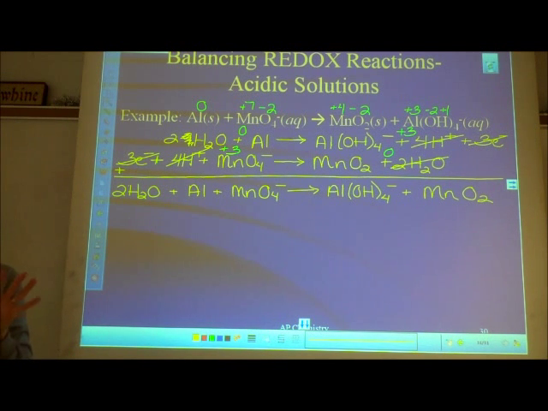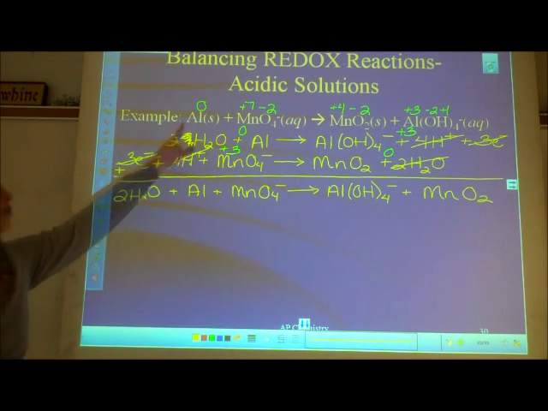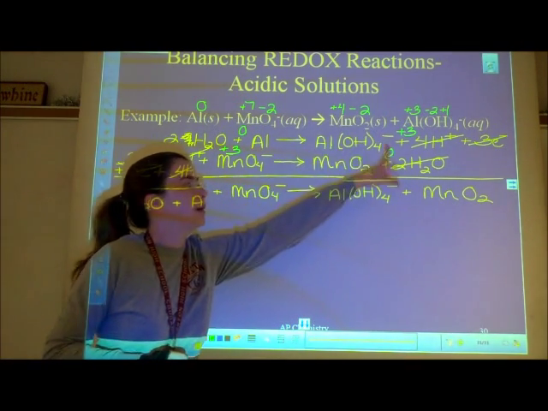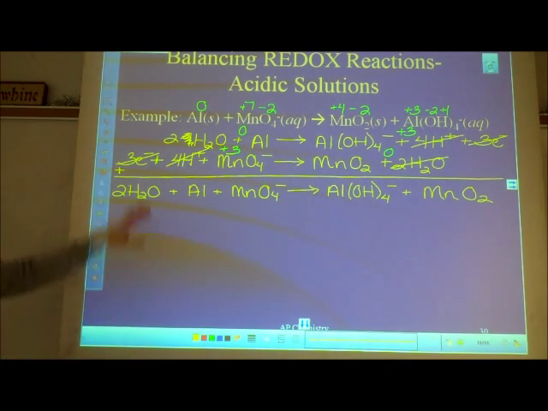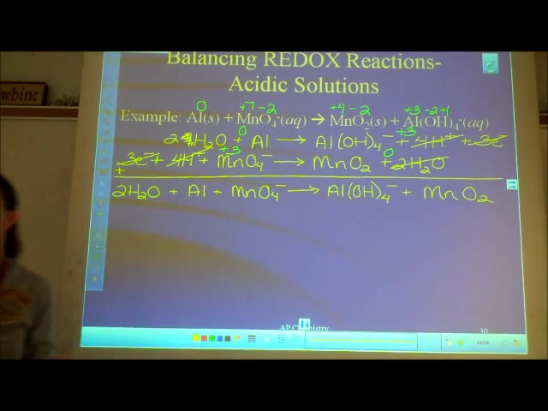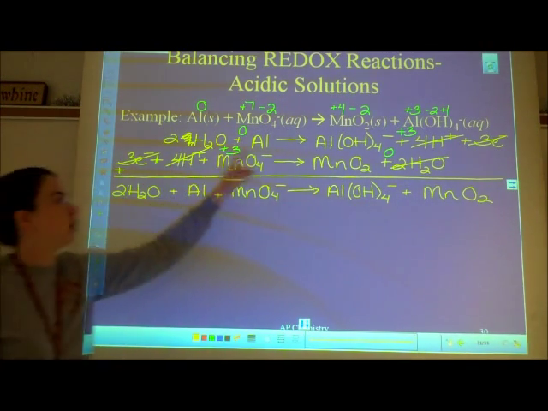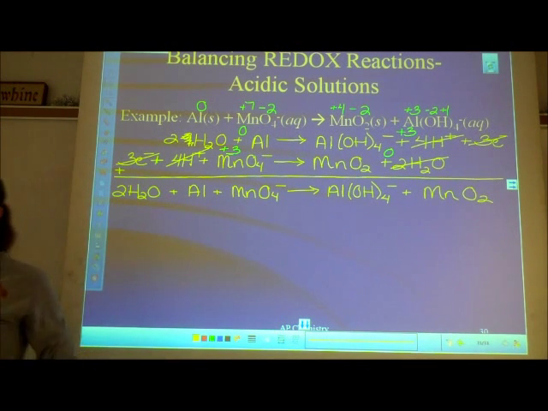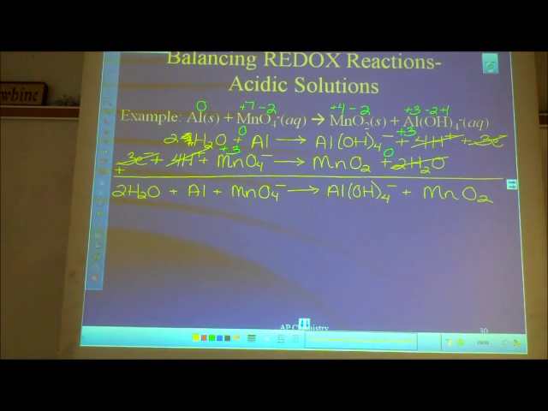You want to get it to 6. That would mean I would multiply this entire top equation, all of the coefficients, by 3, and then I would multiply all of this bottom equation times 2, and change all of my coefficients, and then add them together. Okay?